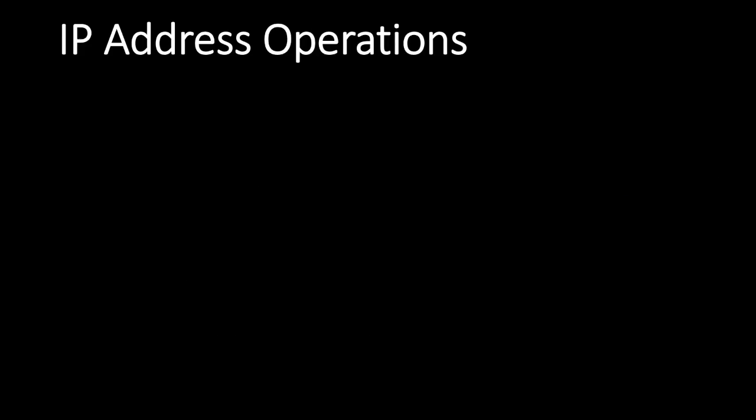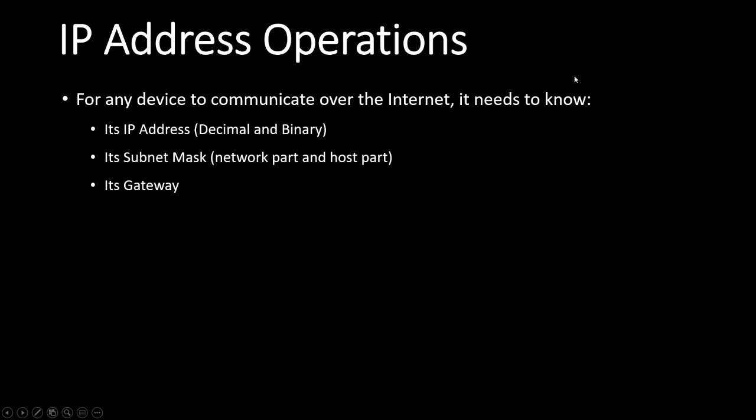Before going into technical details, let's discuss IP address operations. For any device to communicate over the internet, it needs to know its IP address. And as we discussed in the previous video, computers talk using binary, 0 and 1s, but this IP address can be decimal and binary, decimal for humans to memorize, and binary for computers to use when they communicate with each other.